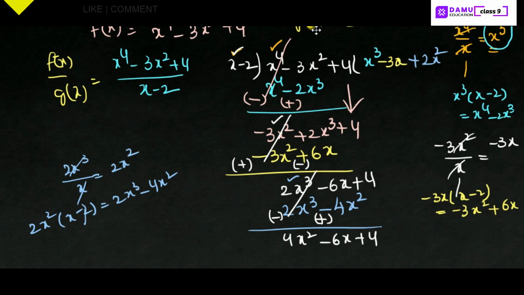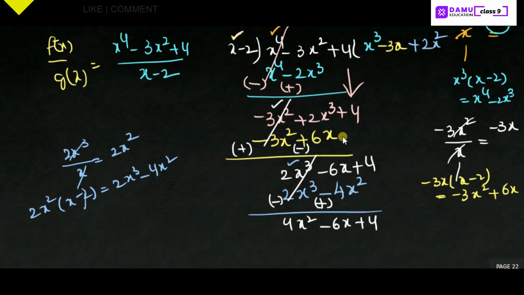Then what is this again? Next one, 4x square by x. So the first term is 4x square; 4x square by x, x cancels, then 4x will come. So plus 4x into x minus 2 gives 4x square minus 8x.